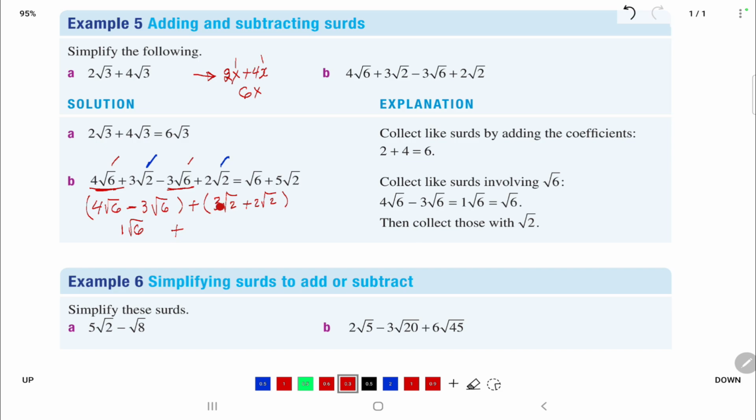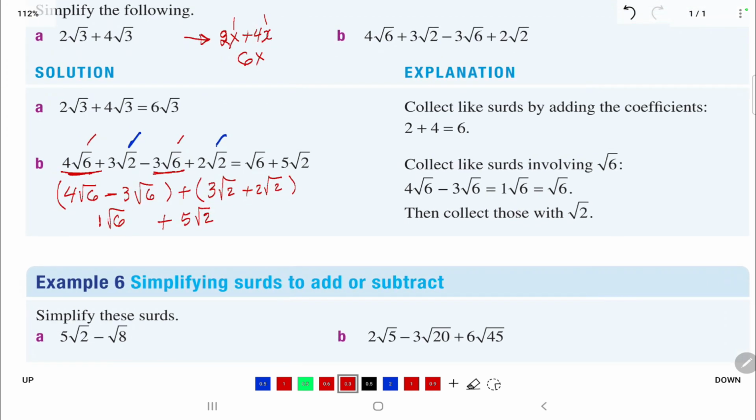And here it will be 3 plus 2, which is 5 under the square root of 2. The 1 is usually omitted because it does not change anything, so we can write it as the square root of 6 plus 5 square root 2. You see, this is the final result. So it has been done this way.